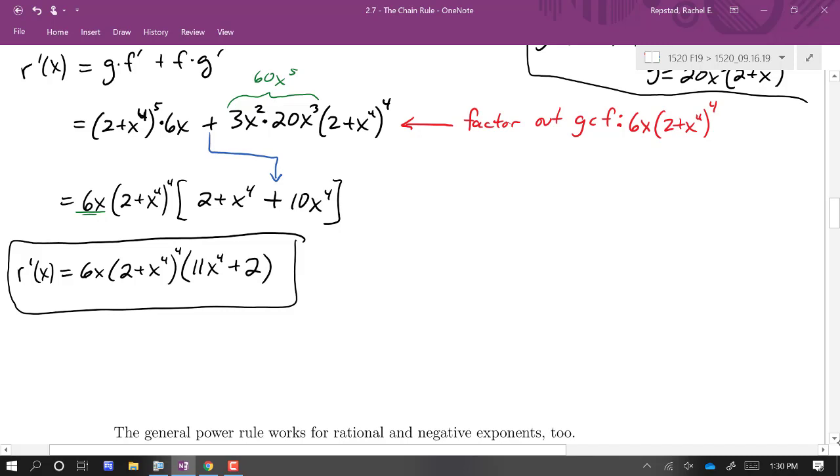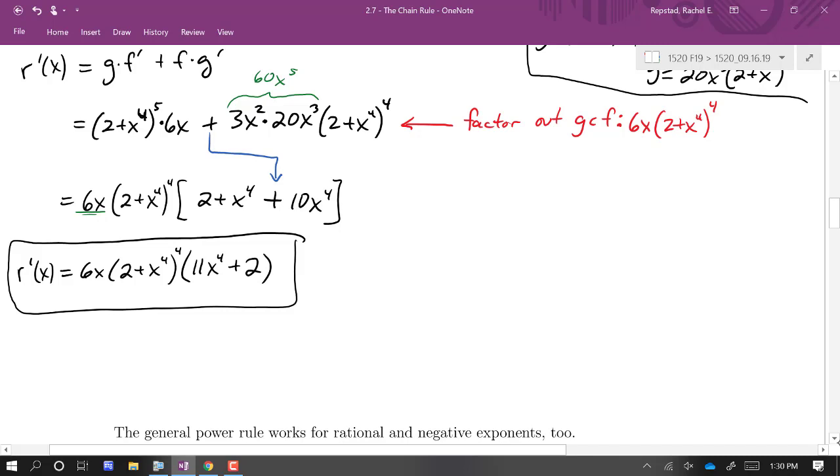And notice that because of the form the product rule takes on, gf prime plus fg prime, in one of these products we have taken the derivative of the parentheses function, and in one of the terms we have not.